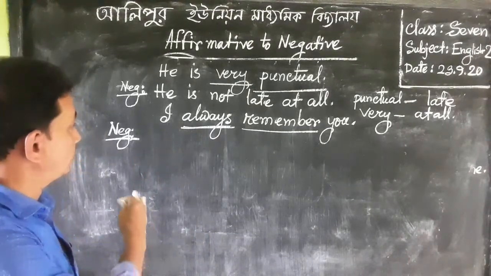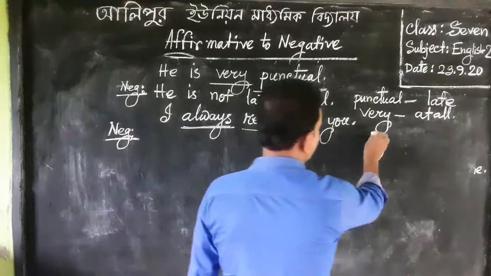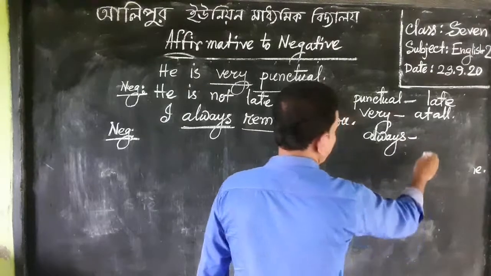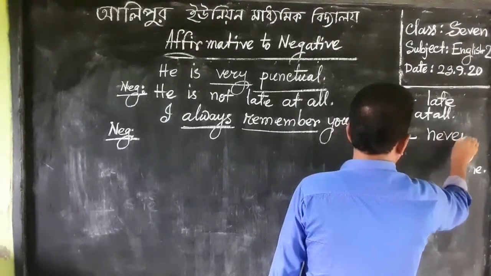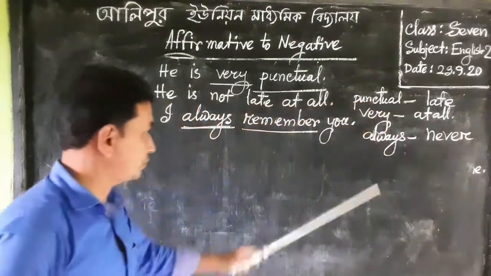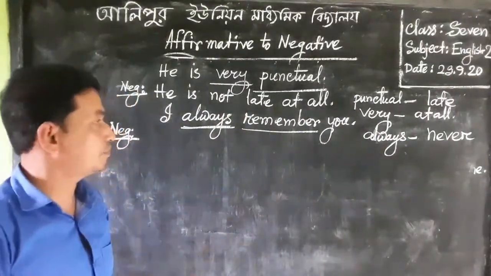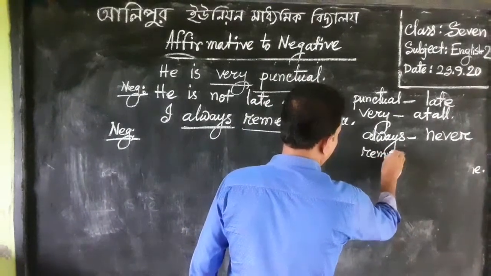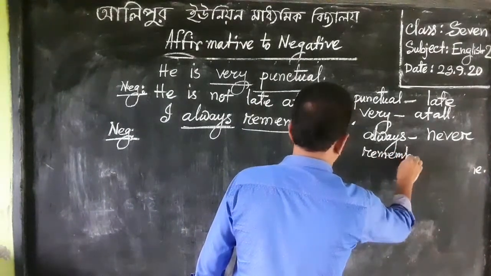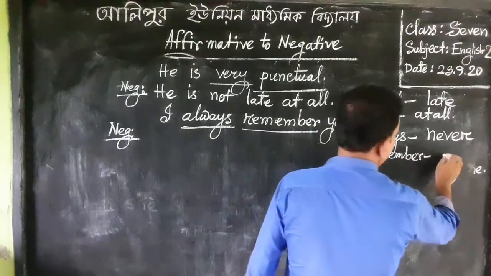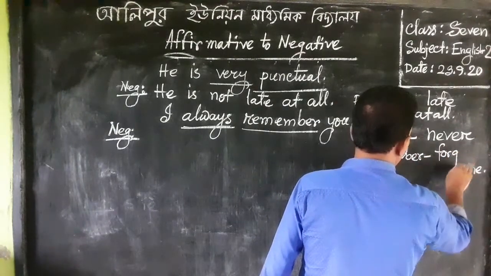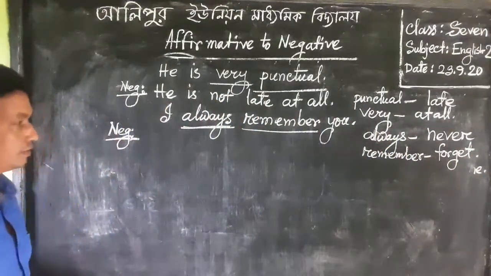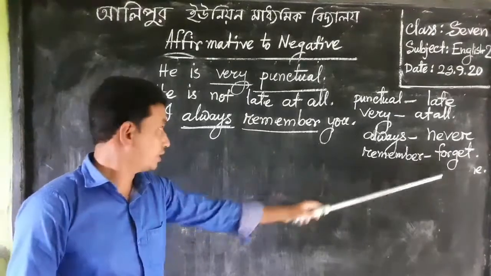While we see always, it should be changed into never. Always should be changed into never in a negative sentence. And remember should be changed into forget.